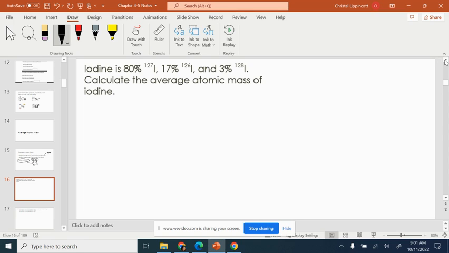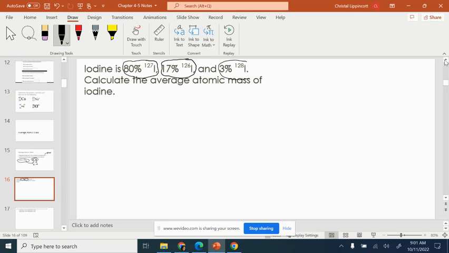Iodine has 3 naturally occurring isotopes. The first isotope is 127, and that is 80% of the material that's out there. The second isotope is 126, and that represents 17% of the sample.